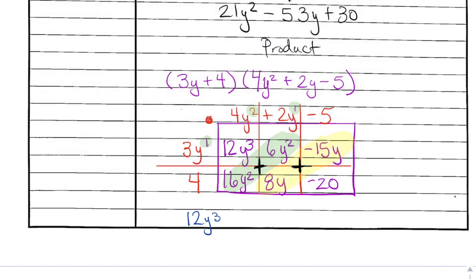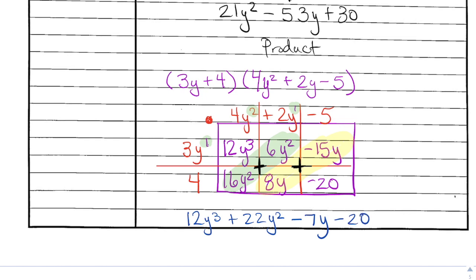So 16 plus 6 is 22, y to the second. We're adding, so we keep it the same. And then 8 minus 15, or 8 plus a negative 15, is a negative 7, plain y, because I just keep the y's the same once I start adding.